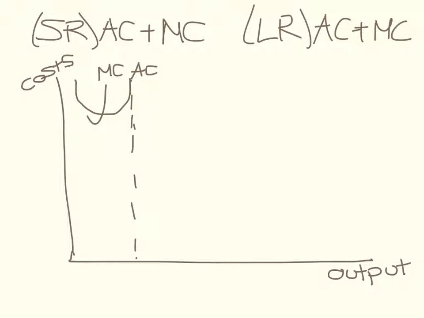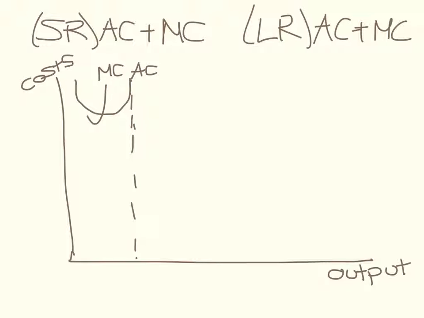Now, if the business is able to expand and vary that fixed factor of production, it's really interesting to think of a factory. Imagine a factory has a maximum capacity they can produce, 60,000 units a week.